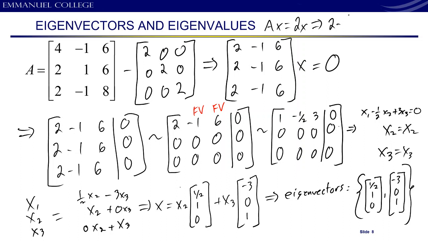I didn't even do that right. I said A and wrote 2. So this would be Ax minus 2x equals 0, which would then become A minus 2I times x equals 0. So these are eigenvectors and the basis for the eigenspace.